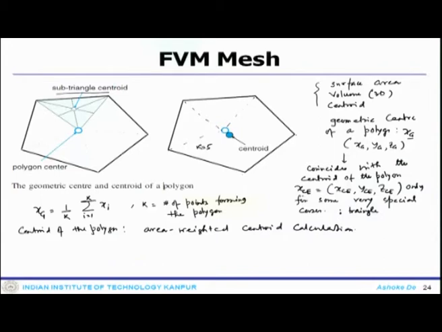Calculation for each sub triangle and summed over the polygon.